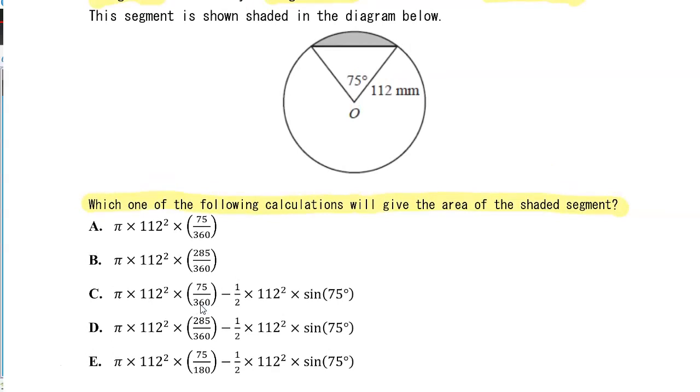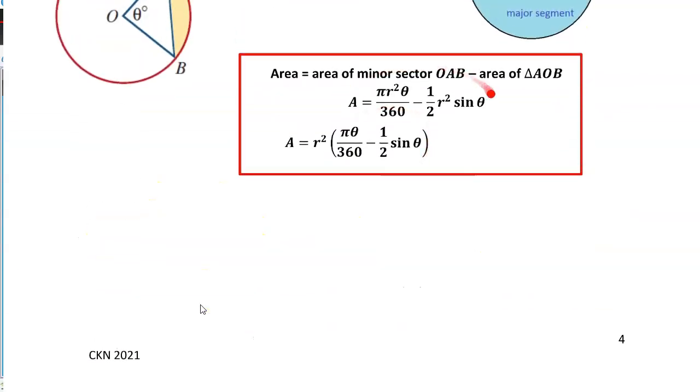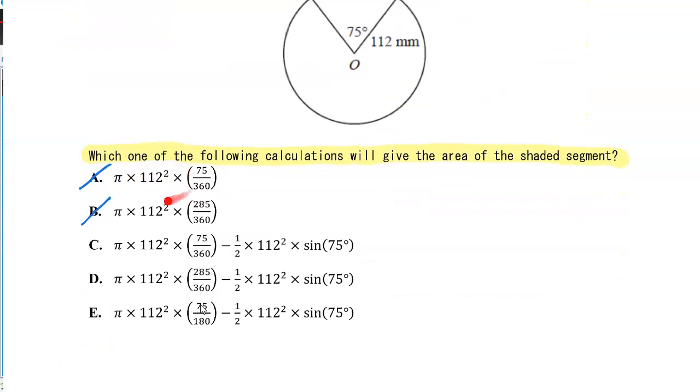Now, I hope you can look at this and straight away go, well, it's not A and it's not B. Why is it neither of those? Because they're not taking away, are they? When we look back at our formula, we have to take away that area of a triangle. Here, they've just found the area of the sector.